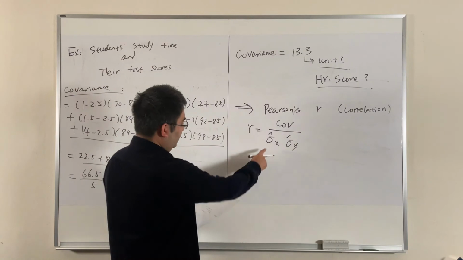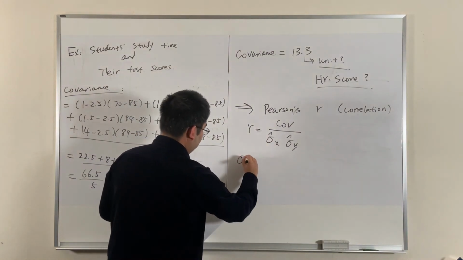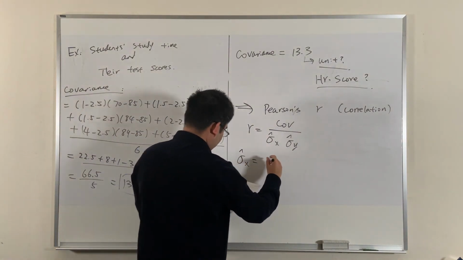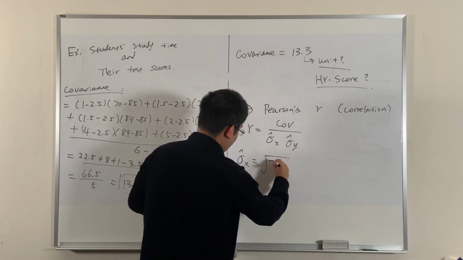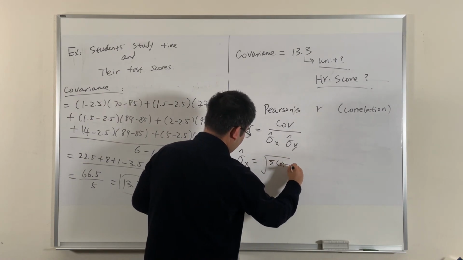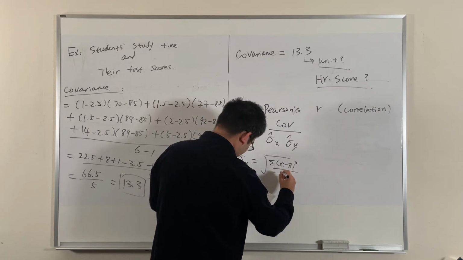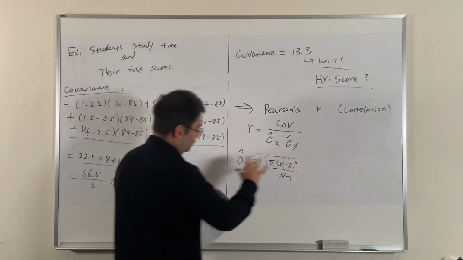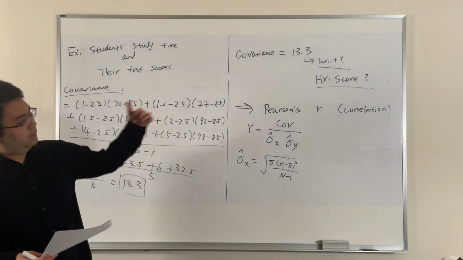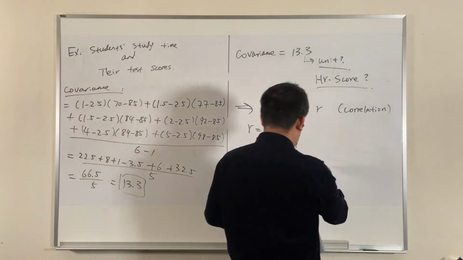And let me just write out this one. So this equals the summation of xi minus x bar squared over n minus 1. Okay, so we learned this in our previous videos.